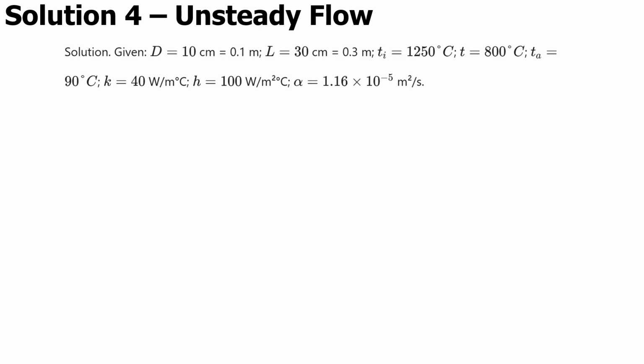Let's begin by setting up our solution. We list the given parameters and ensure all units are consistent. The diameter D is 10 centimeters. The length L is 30 centimeters. The temperature of the furnace gas, Ti, is 1250 degrees Celsius. The target temperature for the ingot, T, is 800 degrees Celsius.